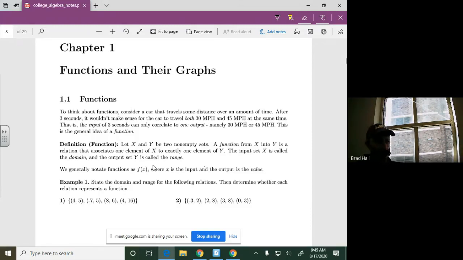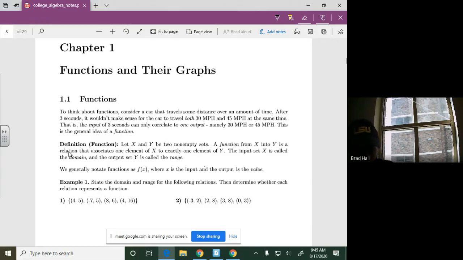Using that interpretation, this builds up to the idea of a function. I have the technical definition here, and for those of you at home, I'm going to use my mouse to hover over it. I use X and Y. It's a bunch of technical jargon.